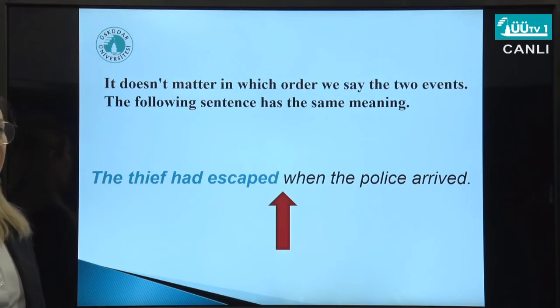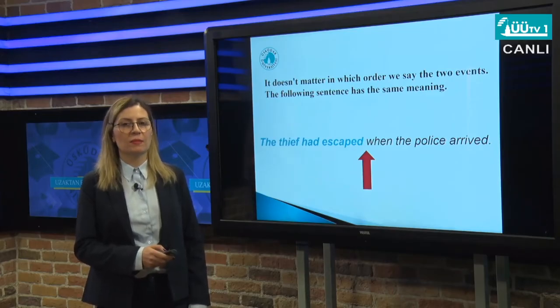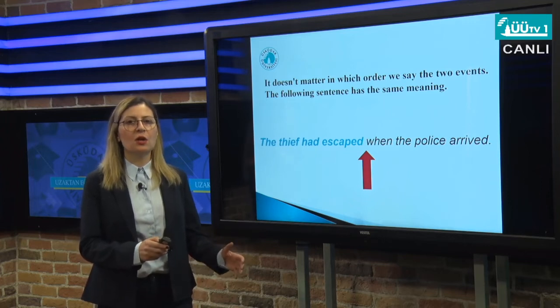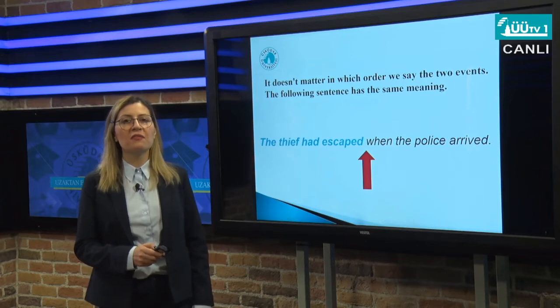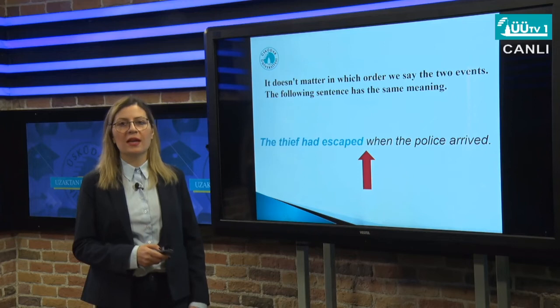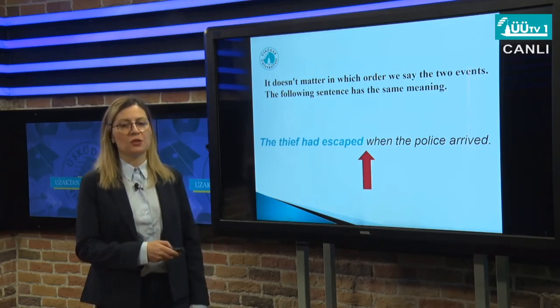It doesn't matter in which order we say the two events. The following sentence has the same meaning. We changed the first clause with the second one. As you can see here, the thief had escaped when the police arrived. They have the same meaning, but the place is changed.